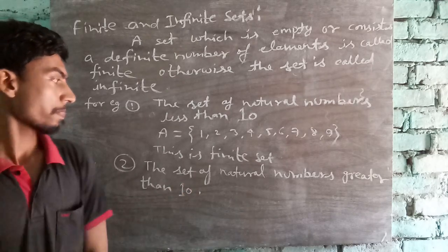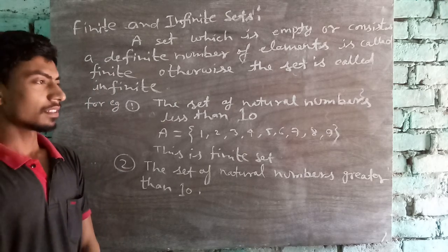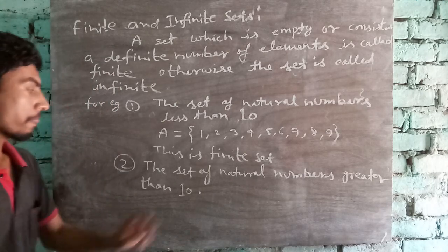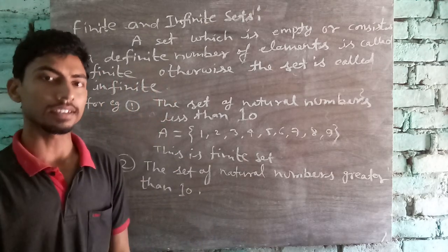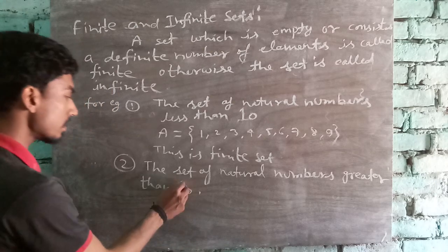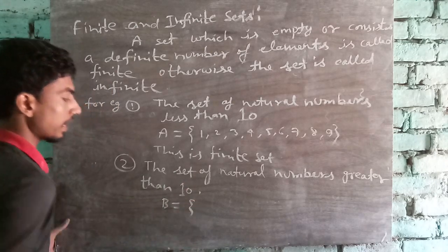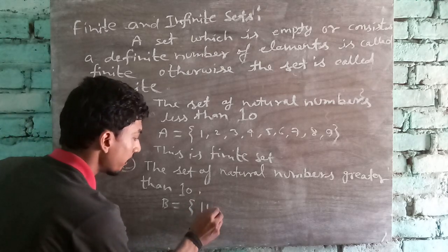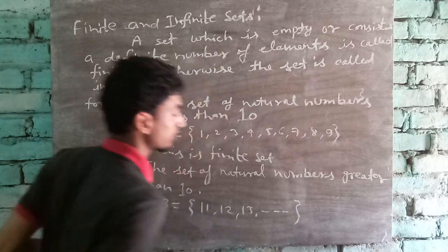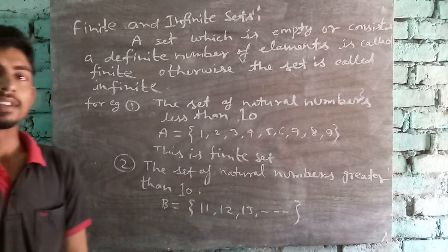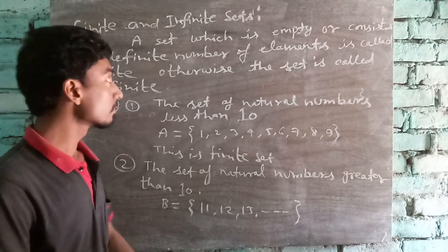Here the natural numbers greater than 10 are infinite in number, because we cannot count them. Denoting this set by B, we can write {11, 12, 13, ...}. This is an infinite set.